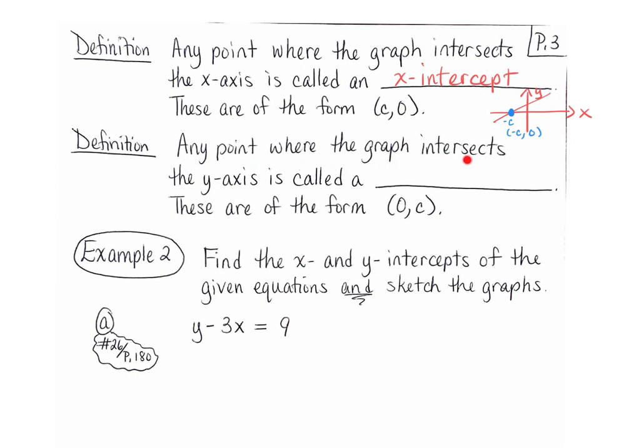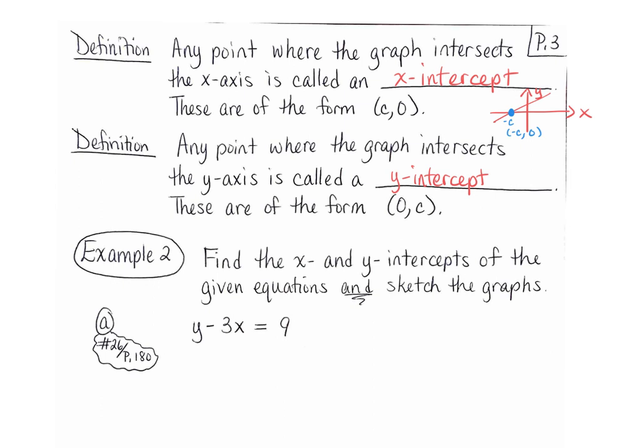Any point where the graph intersects the y-axis is called a what? It's called a y-intercept because it's crossing the y-axis. These are of the form 0, c. So in other words, x is 0, and you write down the y value for whatever is crossing.